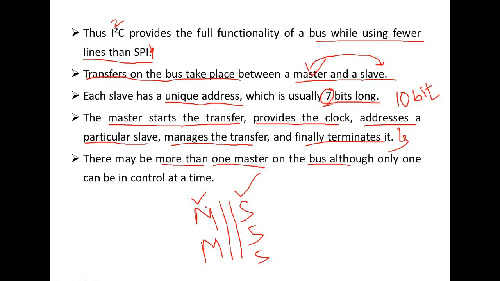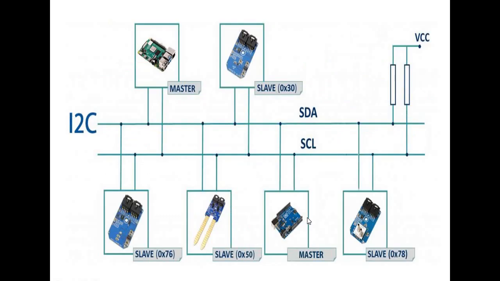And see this interfacing diagram, you can understand. This is your I2C bus, SDA and SCL. This is your serial data line and this is your serial clock line. And here you can observe slaves connected to these lines.